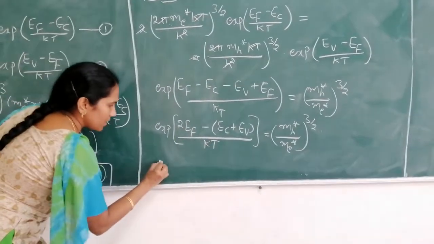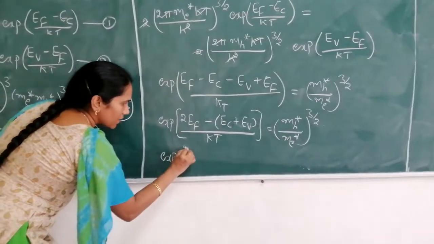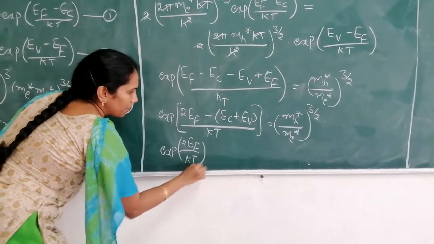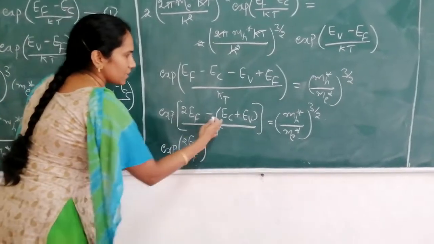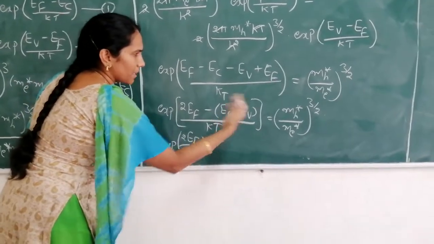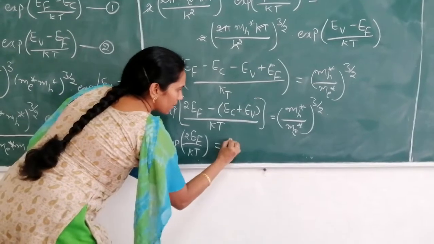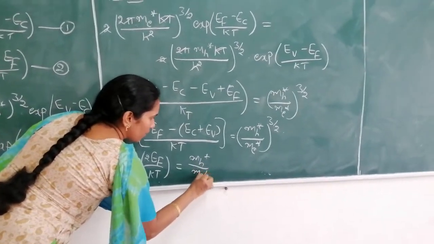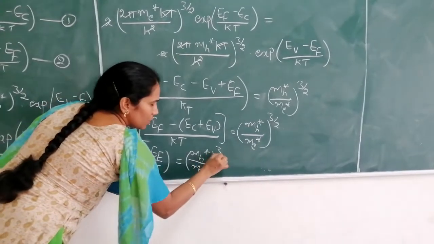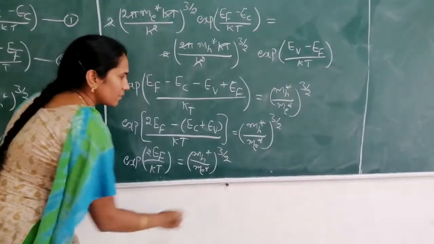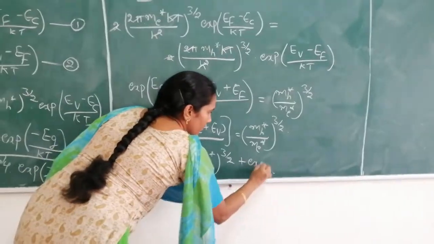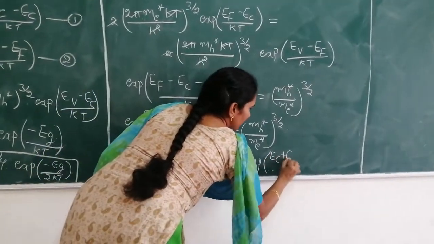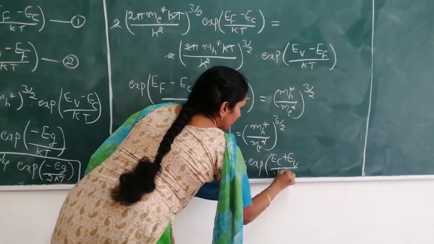So what is the remaining term on the left side? Exponential of 2EF divided by kT. Keep it as it is on the left side. So it becomes (mh star by me star) whole power 3 by 2 times exponential of (EC plus EV) by kT.